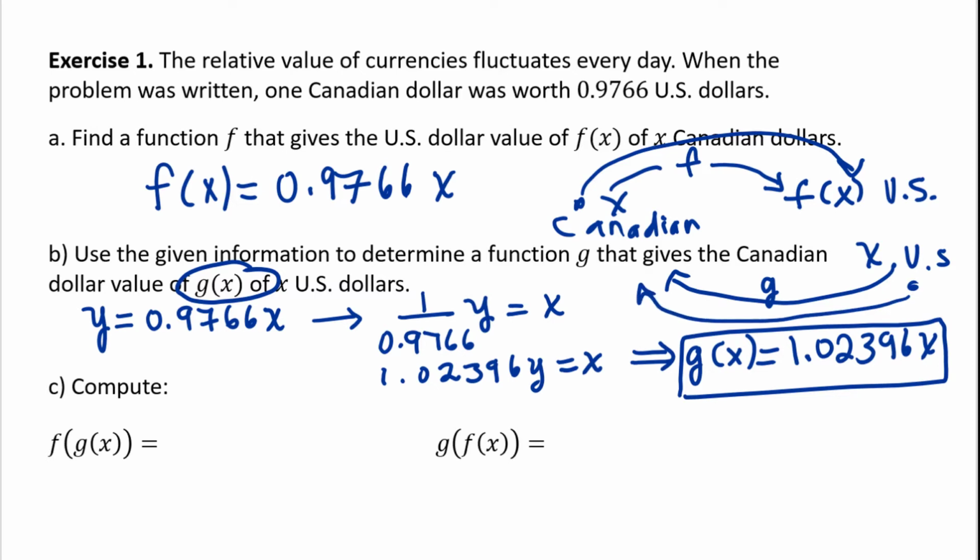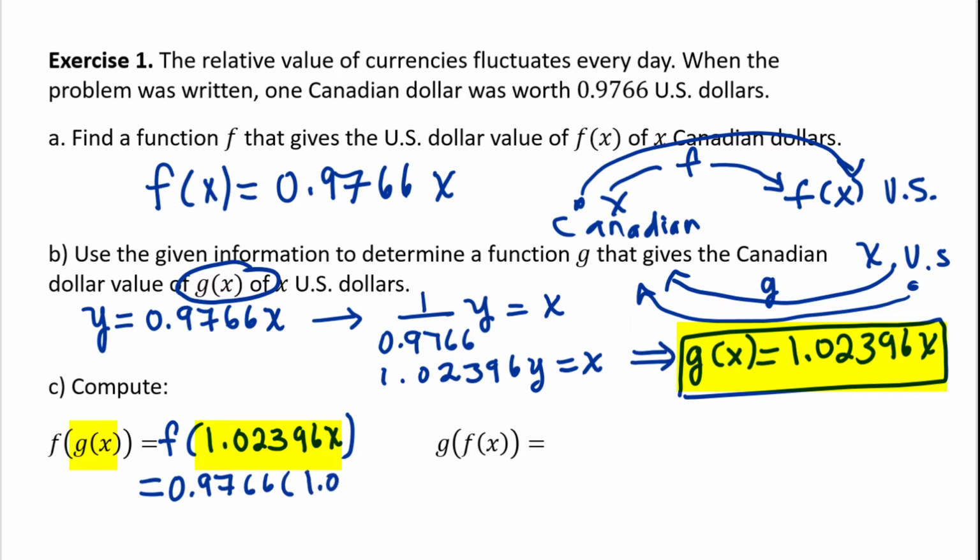Okay. Now let's just compute part C, f of g of x. So this means we want the f of, and the g of x we computed was 1.02396x. And we are going to compose this or put it into the function for f. So this would be f, which was 0.9766, and then where the x was, we will replace it with 1.02396x.